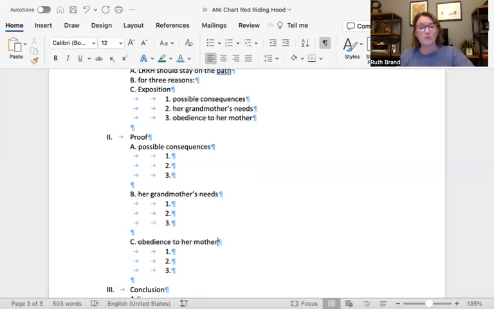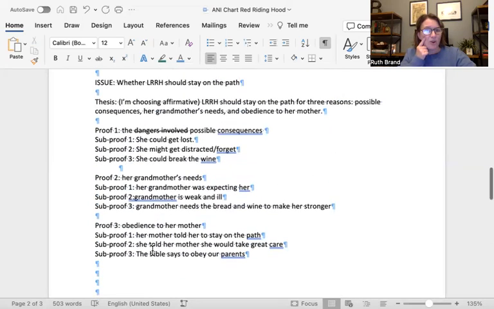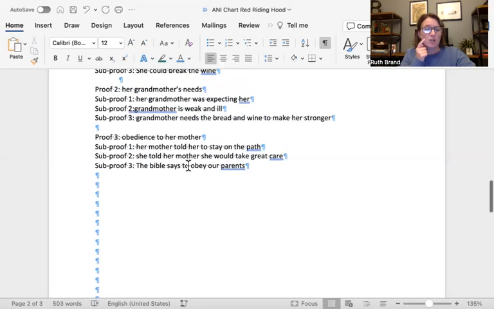All right, I've got my 3 proofs written down in the body of my paper. And now we're working with subproofs. This is brand new. We had not done this before. We did not do this with the last essay. So I'm going to work on my subproofs. I'm going to have to look back at what I wrote up there. For this category, I put she could get lost, she might get distracted, and she could break the wine.